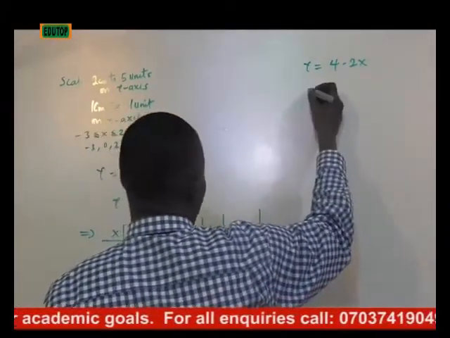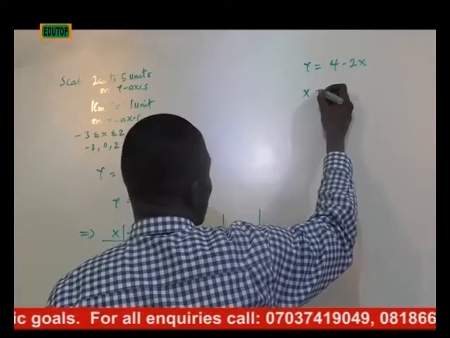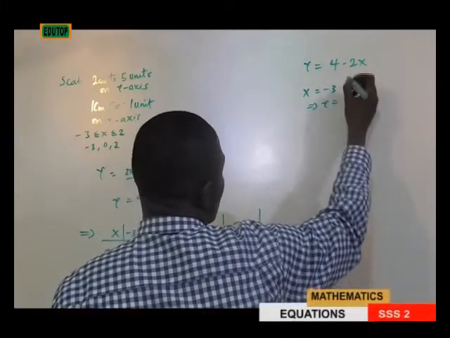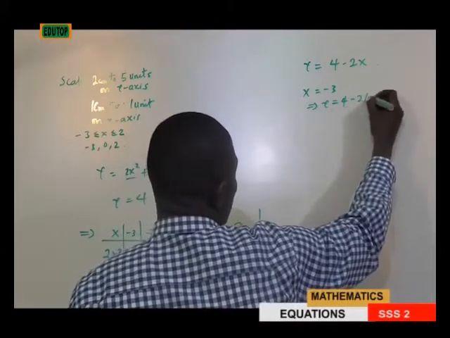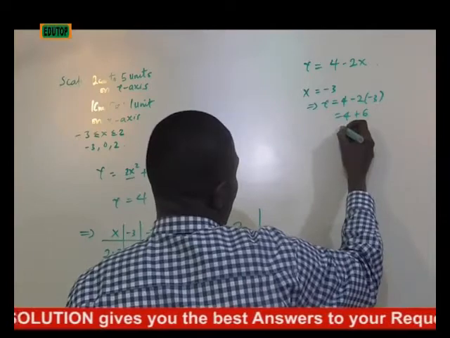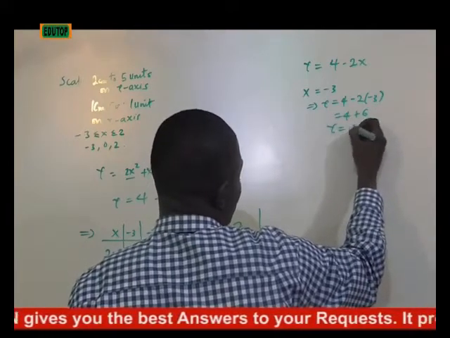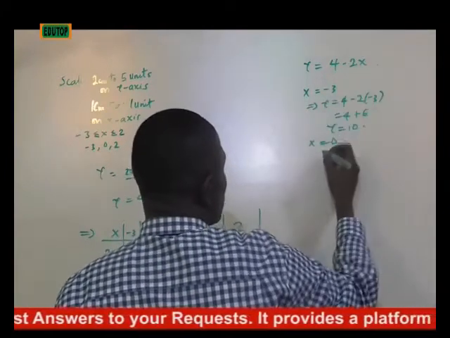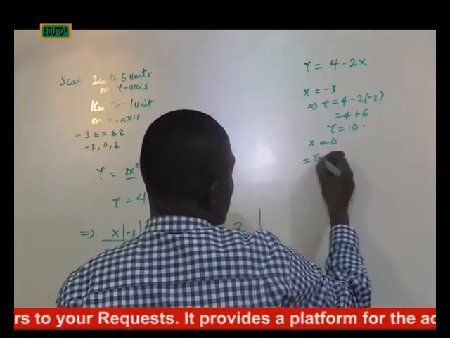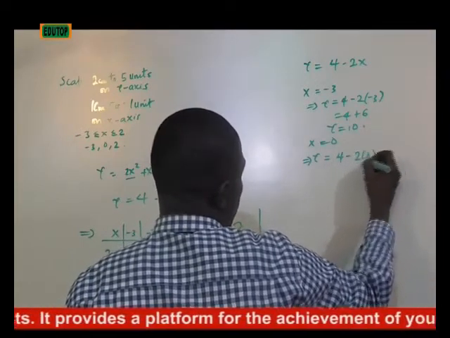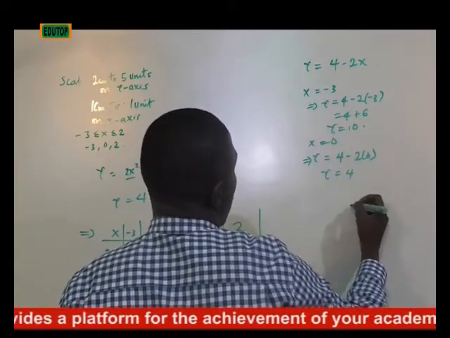When x is minus 3, my y will be 4 minus 2 into minus 3, and that gives me 4 plus 6. So my y becomes 10. When x is 0, using this same equation, y equals 4 minus 2 into 0, and my y becomes 4.